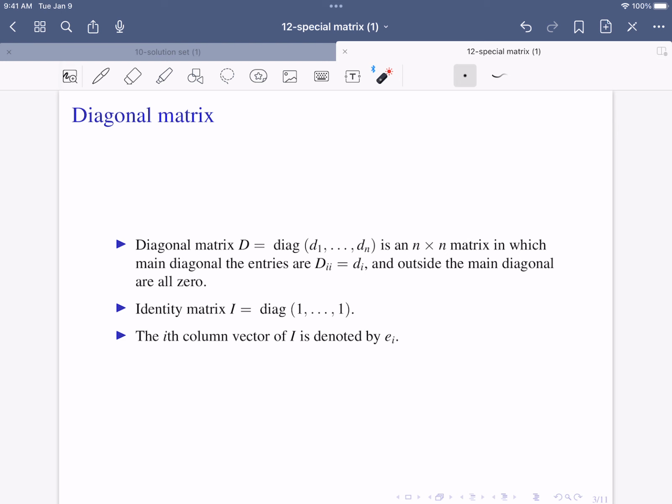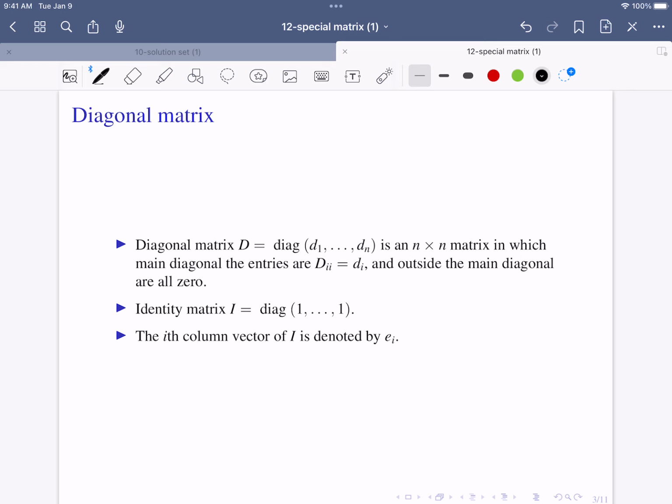So the first category of special matrix is called diagonal matrix, which means it's a square n by n matrix whose diagonal entries are probably given by non-zero numbers. Otherwise, the off-diagonal elements are just zeros.